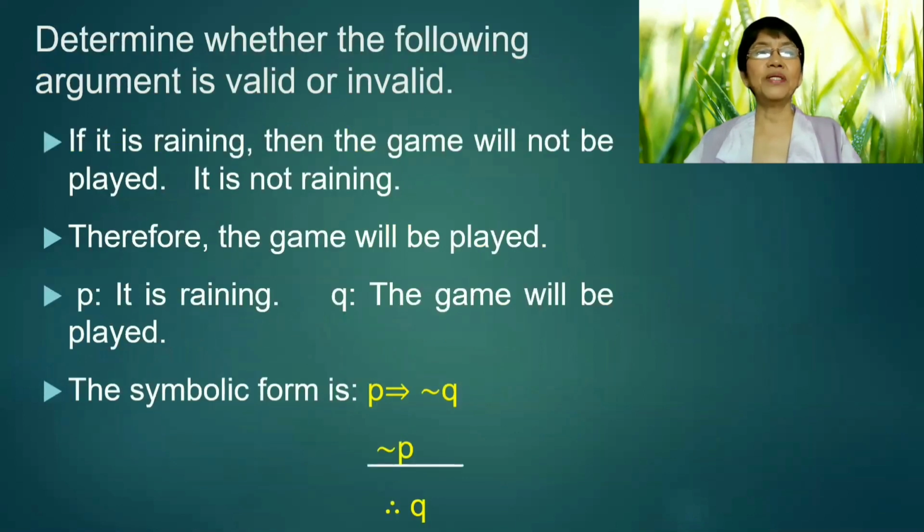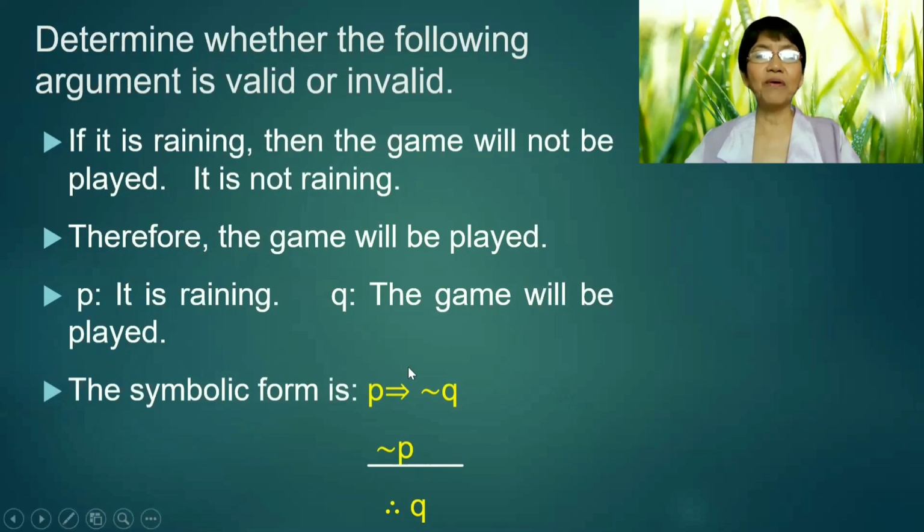Determine whether the following argument is valid or invalid. If it is raining, then the game will not be played. It is not raining, therefore the game will be played. So P is it is raining. Q is the game will be played.